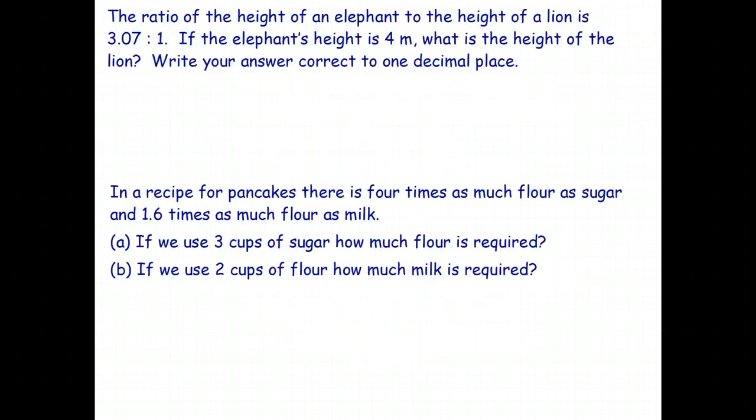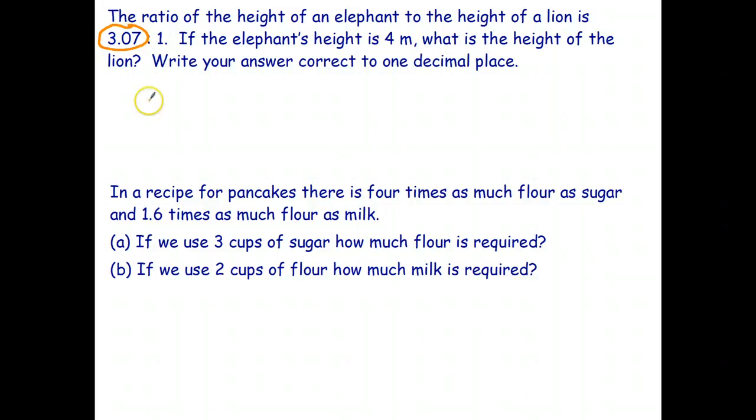Okay, let's try a few questions. Okay, the ratio of the height of an elephant to the height of a lion is 3.07:1. So in other words, that's the scale factor, 3.07. If the elephant's height is 4 meters, what is the height of the lion?